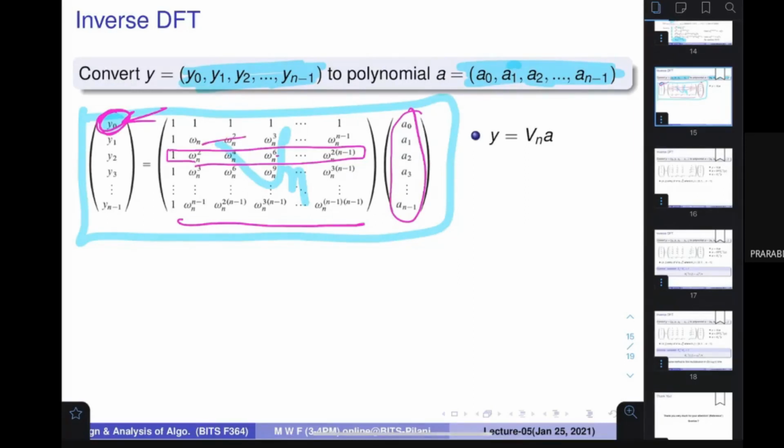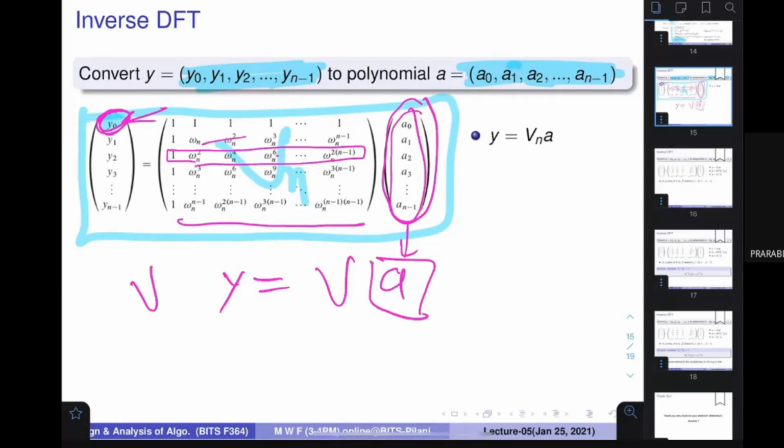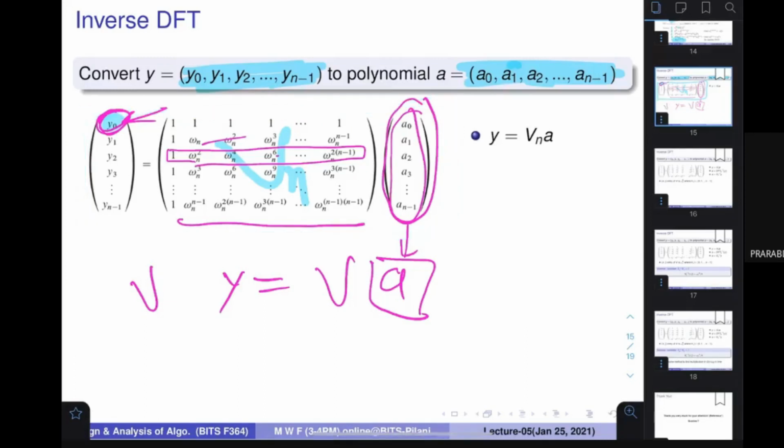So if you want to reverse it, if you want to find out this, it is actually y equal to V into a. Okay, so if you want to find out the value of a, it is V inverse into y, it becomes a. So a is equal to what? V inverse into y. Okay, this you have to find out.